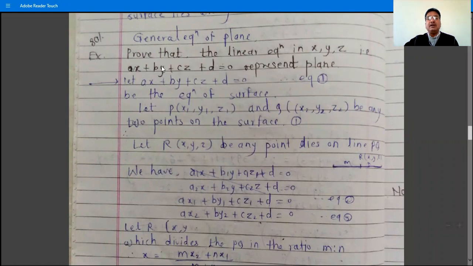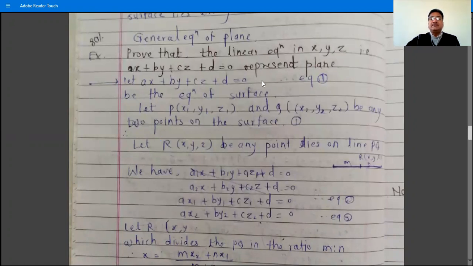We know that the general quadratic equation in x, y represents a conic section, like ellipse, hyperbola, parabola. Like that, this is the general linear equation in x, y, z. So we have to show this equation represents a plane, or this is the equation of a plane.